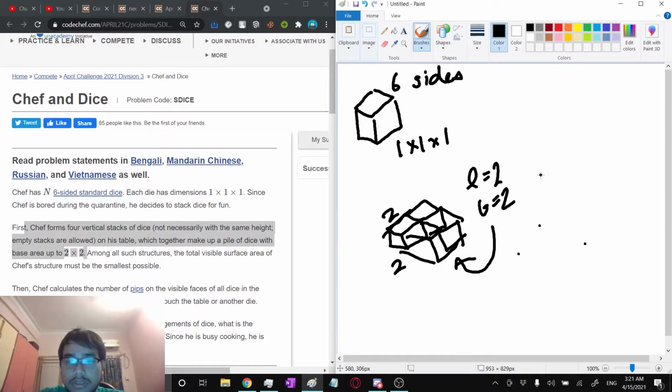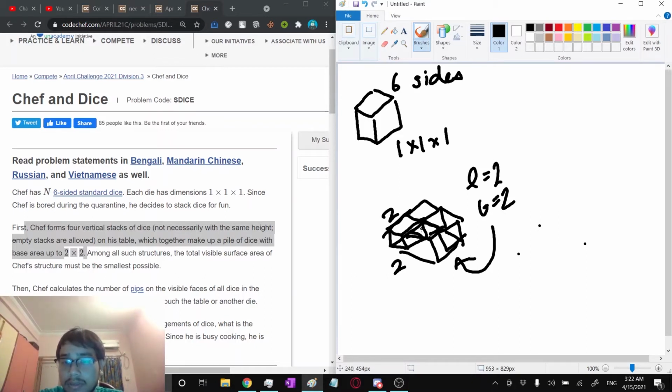Among all such structures, the total visible surface area of the chef's structure must be smallest. So obviously, the visible area is all the area after subtracting the base area.